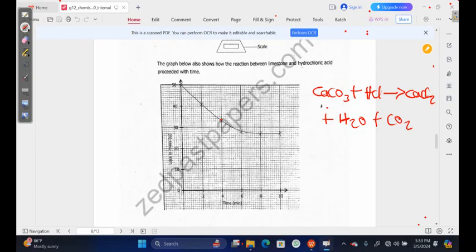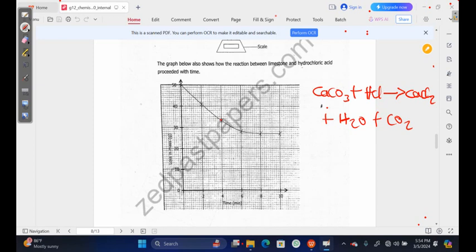So what was the mass at that time? You go across like this, and count 21, 22, 23, 24, 25, 26, 27. At 27, that's where our mass is.